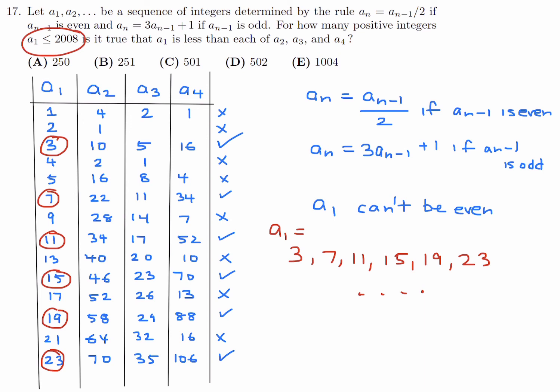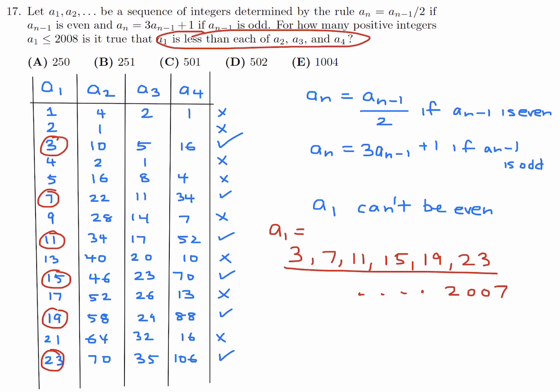And the highest we can go is 2007. Actually, the highest you can go is 2008 because it's less than or equal to. So these are the only a1 values for which a1 will be less than each of a2, a3, and a4.